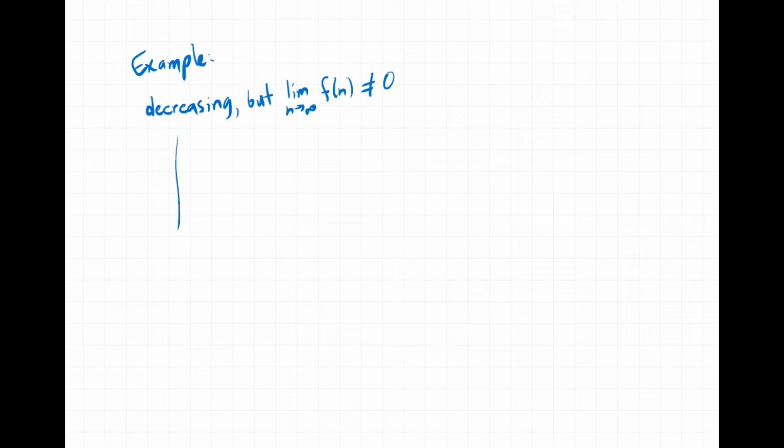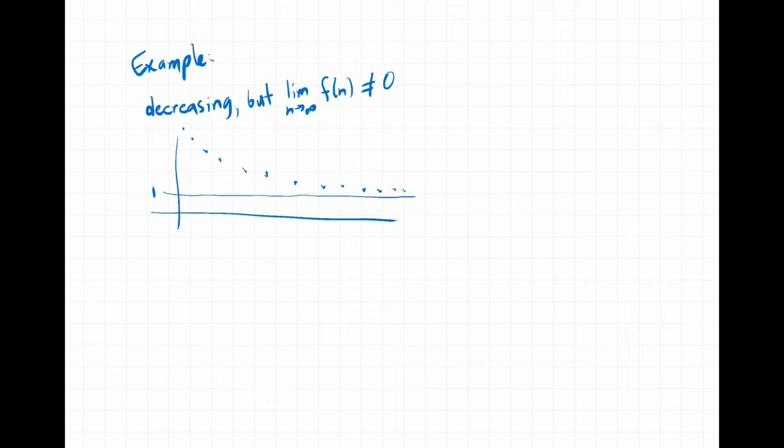Here's an example. Say your function is doing this, and it's actually approaching some asymptote maybe at 1. The limit could be 1, but the function could still be decreasing. So it's important that both these things be true.